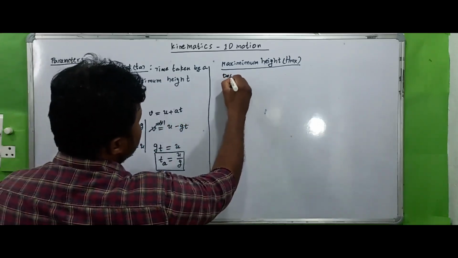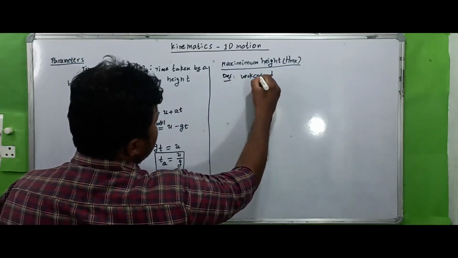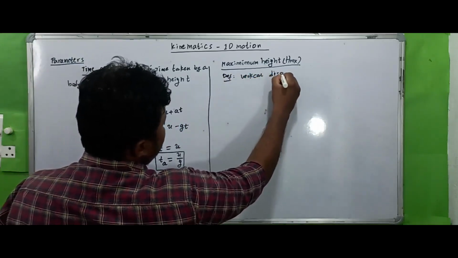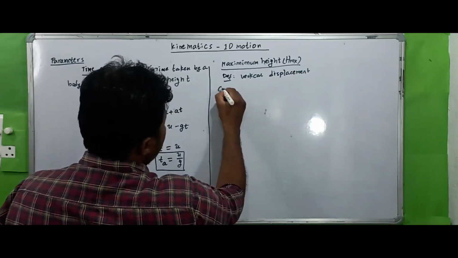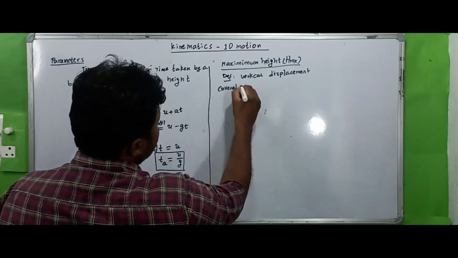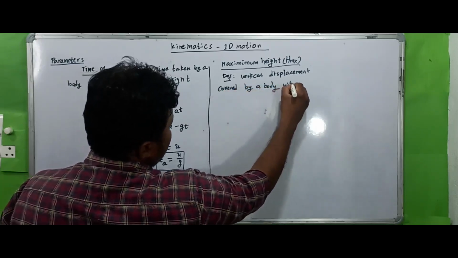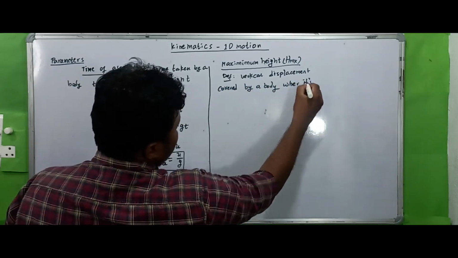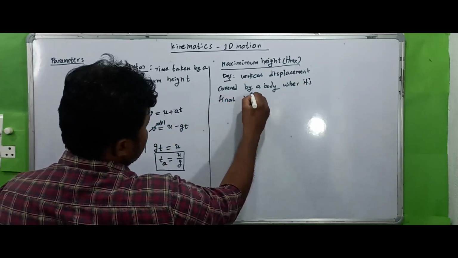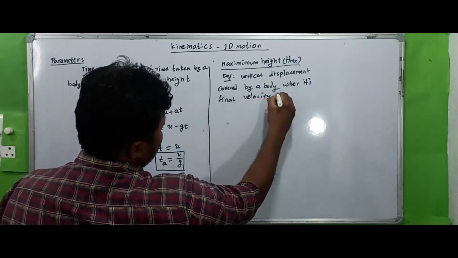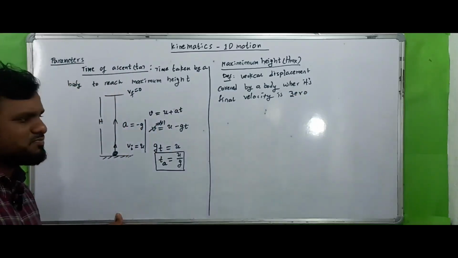Definition: vertical displacement covered by a body where its final velocity is 0 is called maximum height.